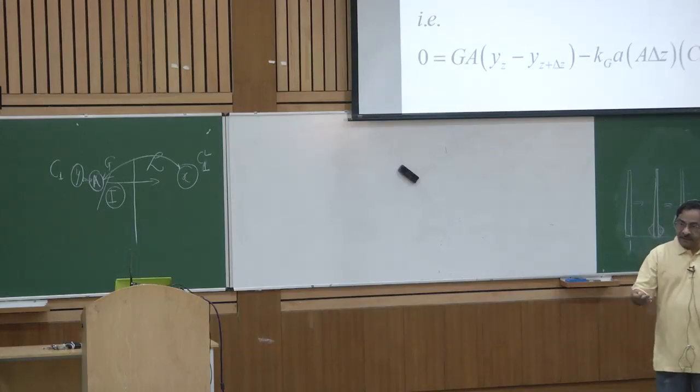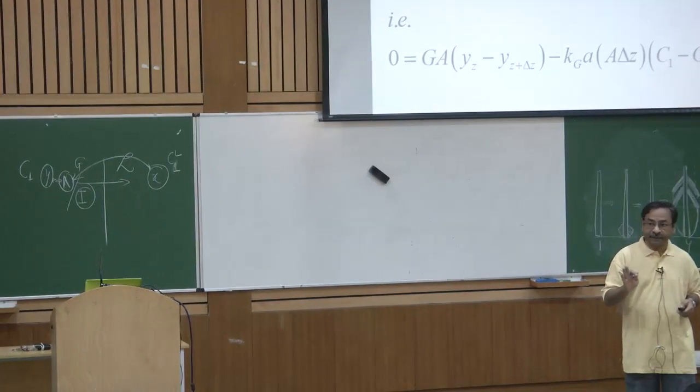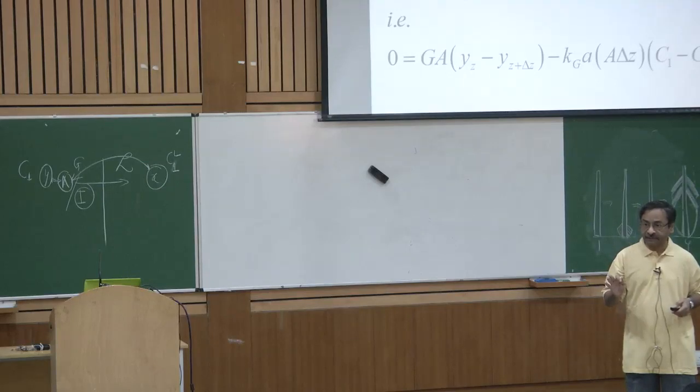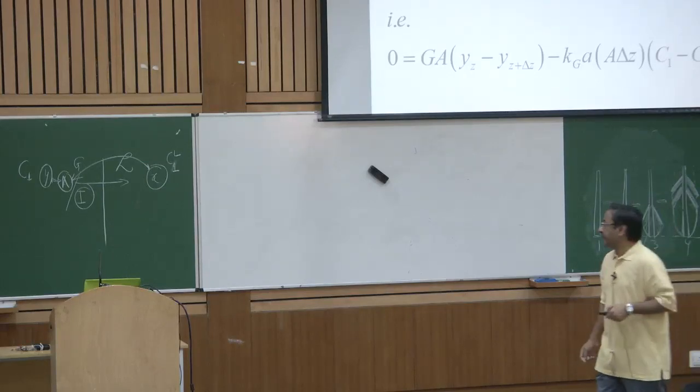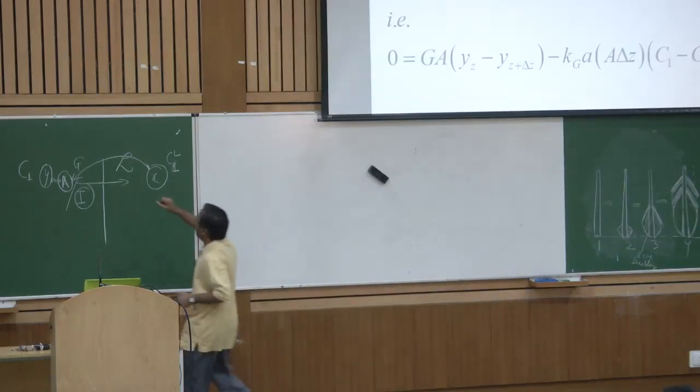In that sense the transfer is possible. If it were not, then there would be equilibrium, there would not be any net transfer. Is that clear?